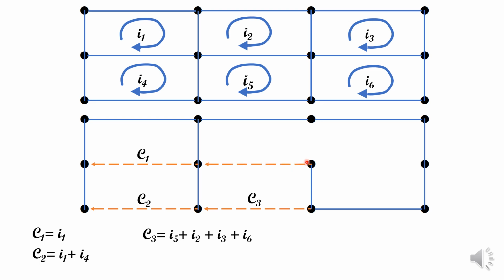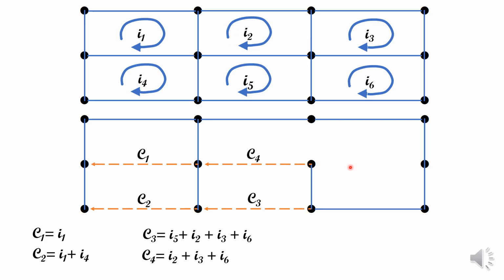And then if you look at another edge that we removed when forming the spanning tree, with this orientation, it forms a cycle together with other edges of the spanning tree. It goes up here, here, here, here, here, and back here. This cycle, which we call C4, is equal to I2 plus I3 plus I6, because it encloses the regions associated with I2, I3, and I6.